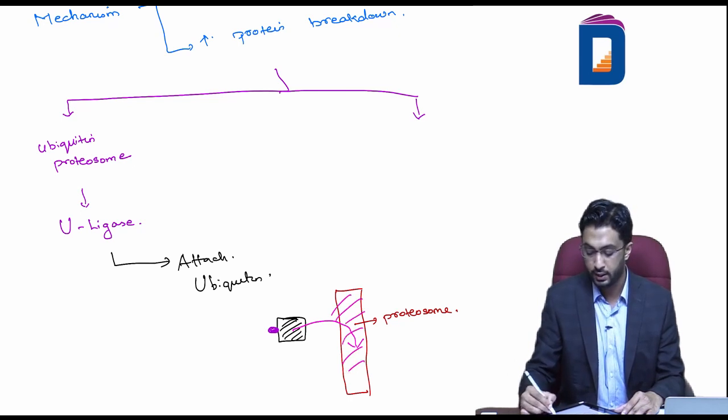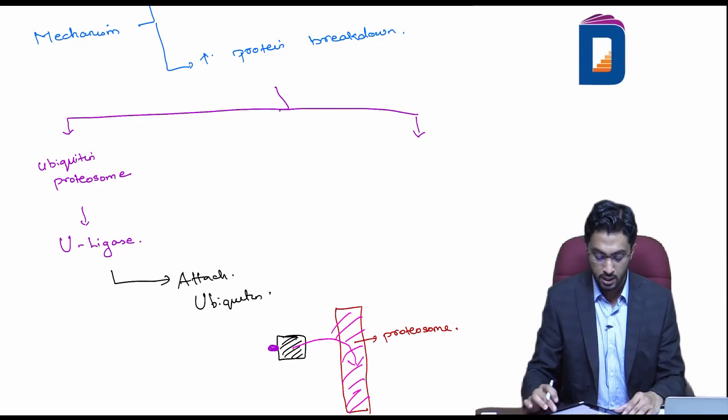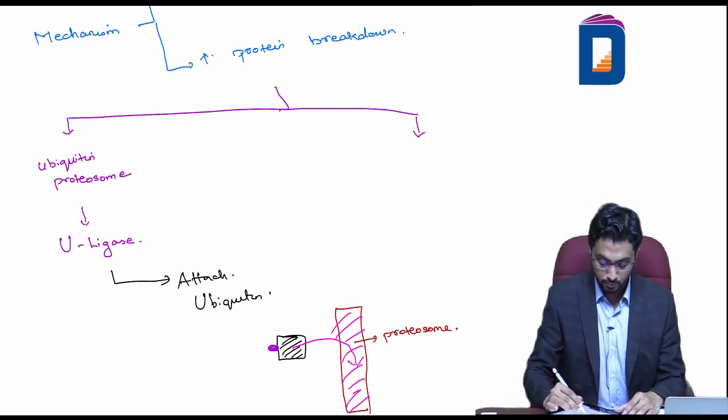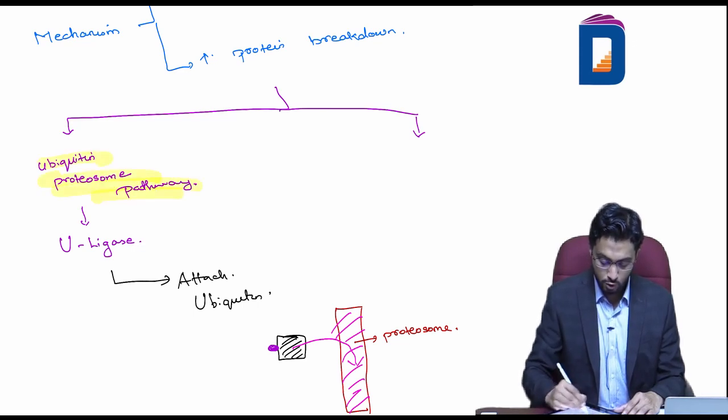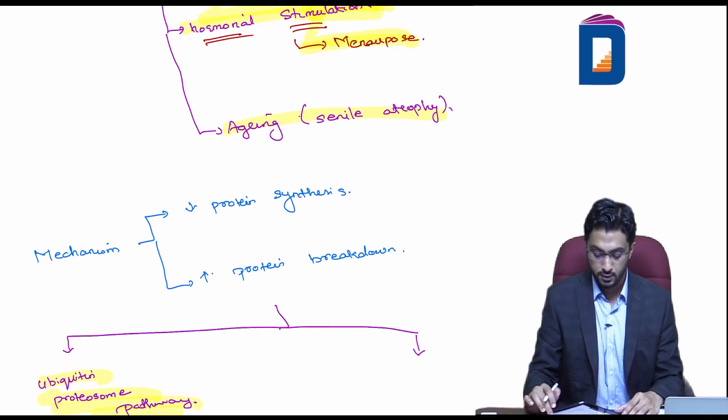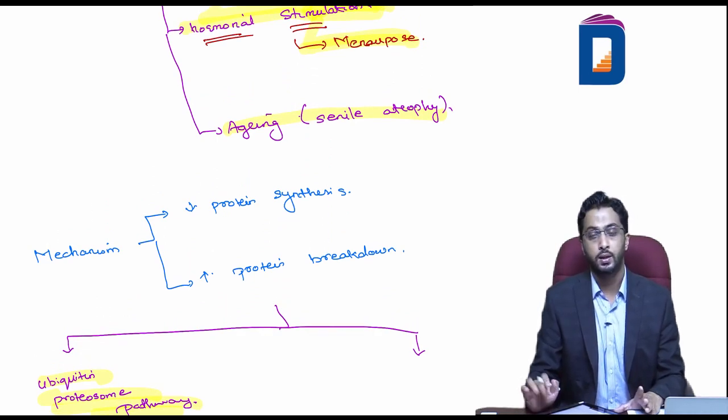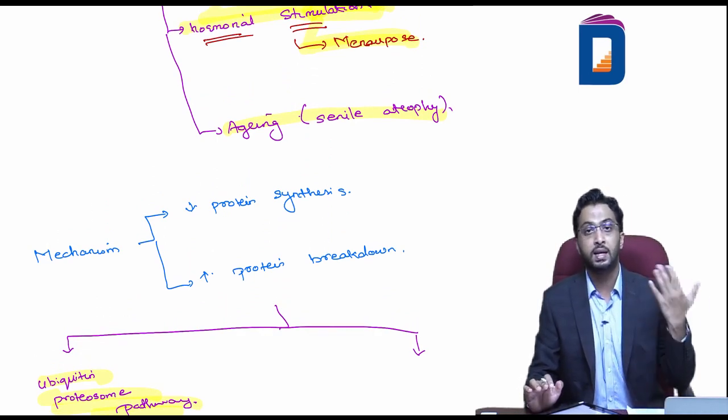That is protein degradation. You don't need to know so much detailed mechanism. The ubiquitin proteasome pathway is involved in atrophy, related to protein degradation.